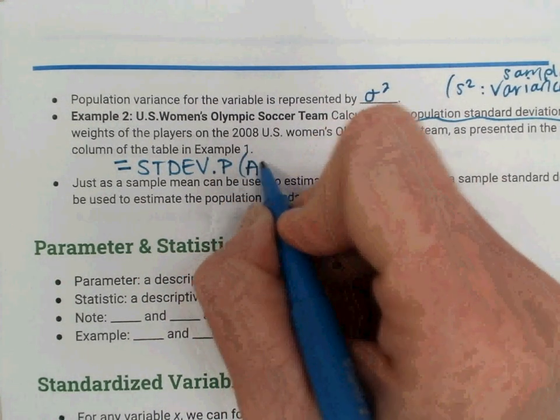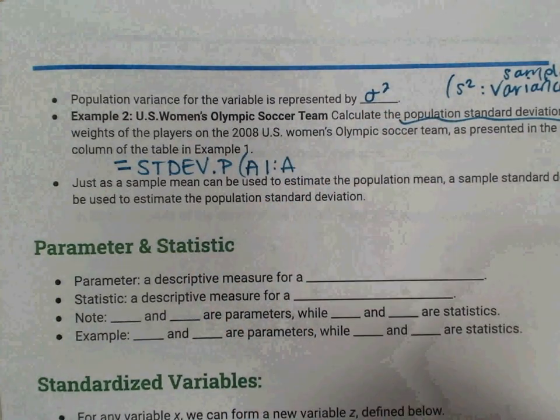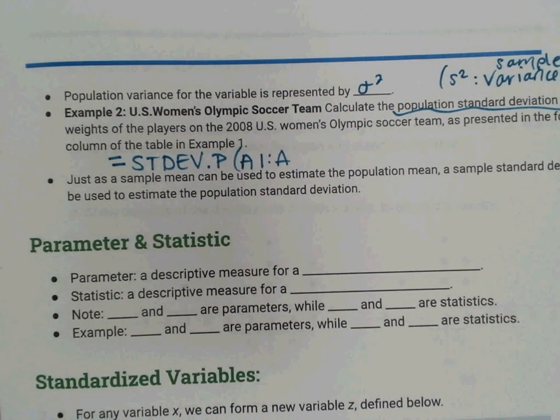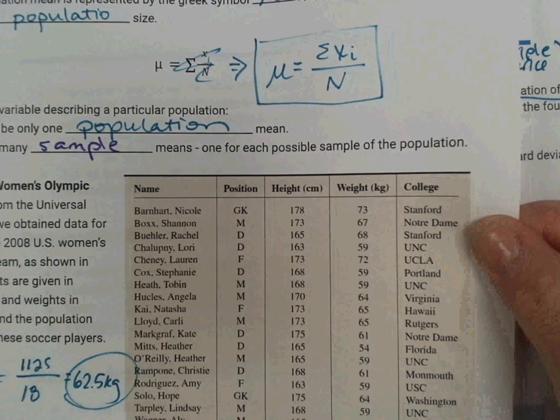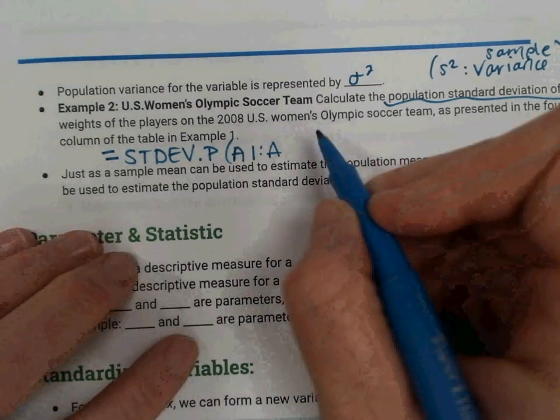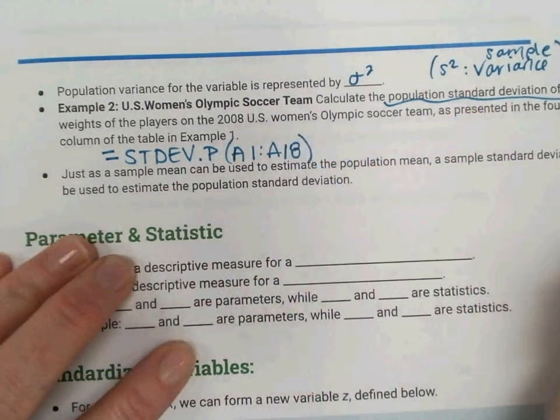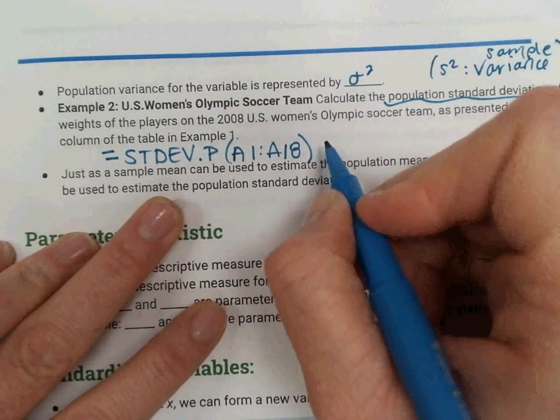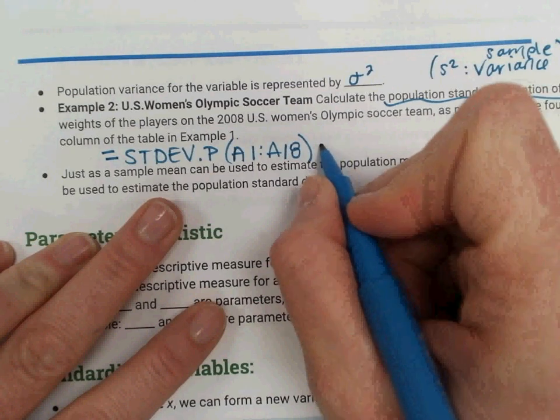And we would use all the cells. Let's say we entered all of those data points from our table, all of these weights, there are 18 of them, in those first 18 cells of column A, then we would calculate with this equation.